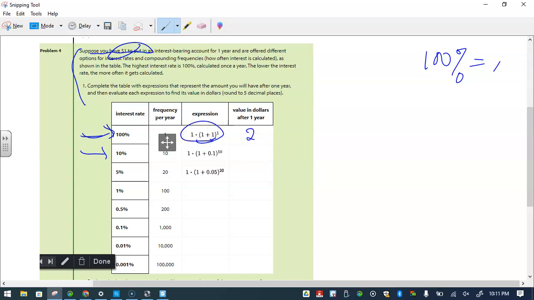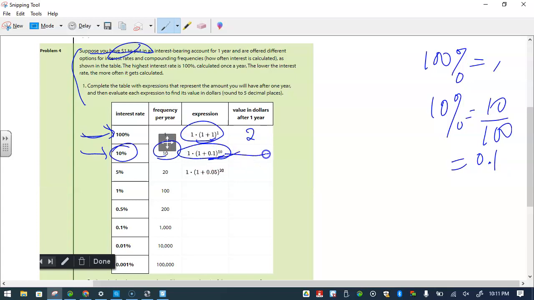The next one is they say okay, if it is 10% and you put for 10 years, so the 10% is 10 divided by 100, which is 0.1. So that's why you see this point is 1 plus, and you put in the calculator and see what's happening.